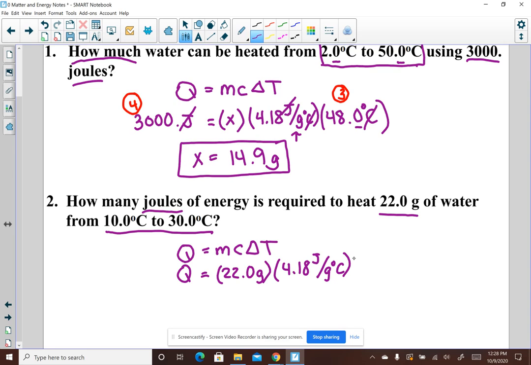And the change in temperature is 20. When I do 30 minus 10, I get 20. And if I put that in my calculator and multiply, I get 1839.2 joules. If I'm rounding that to 3 sig figs, I would round this to 1840, no decimal point, joules.